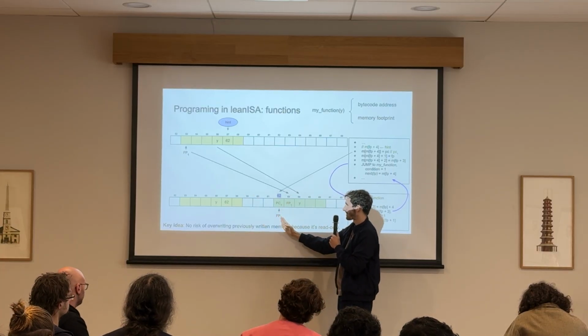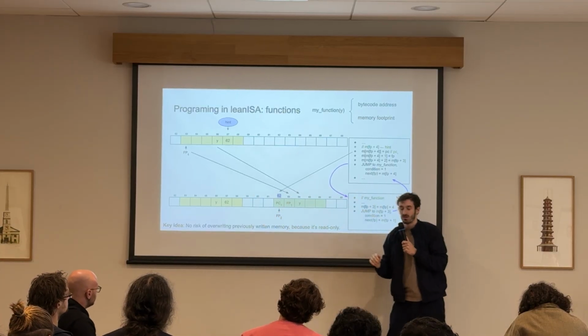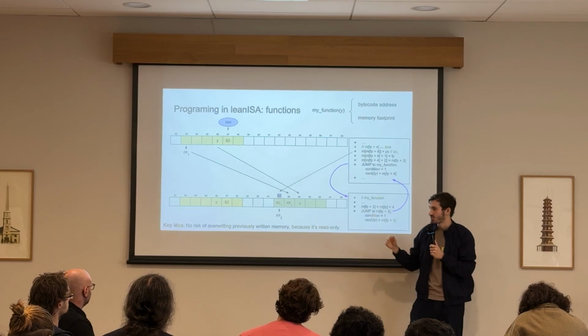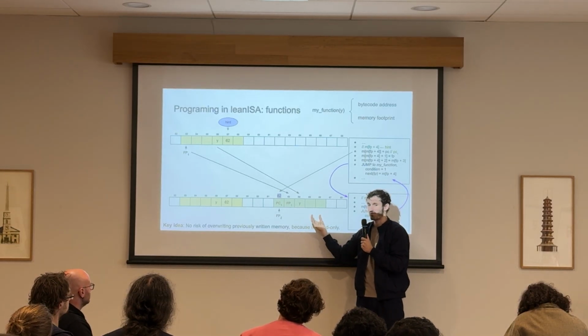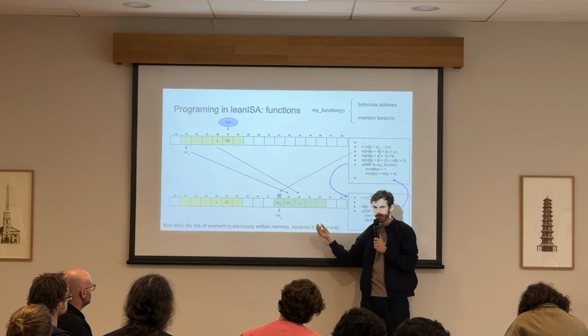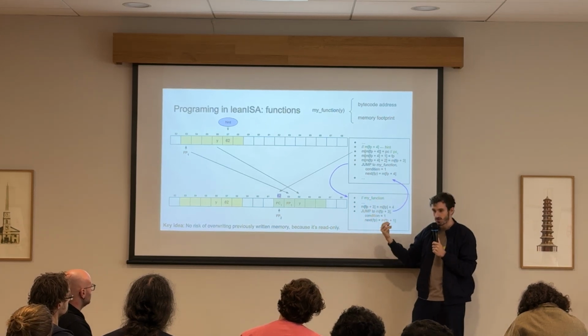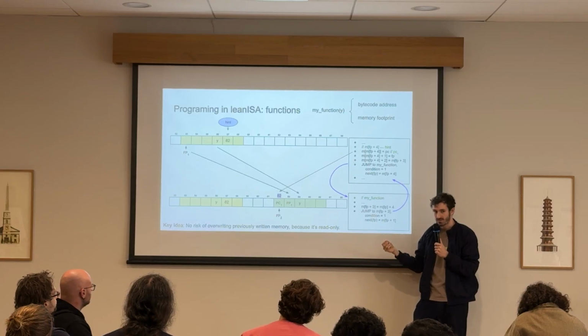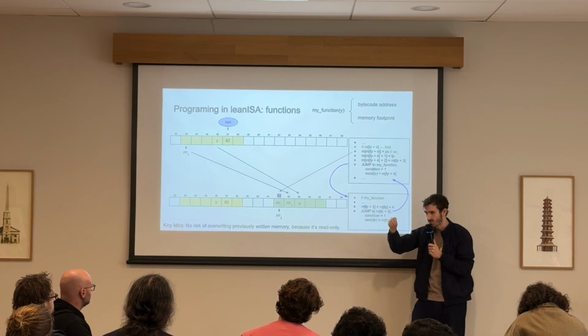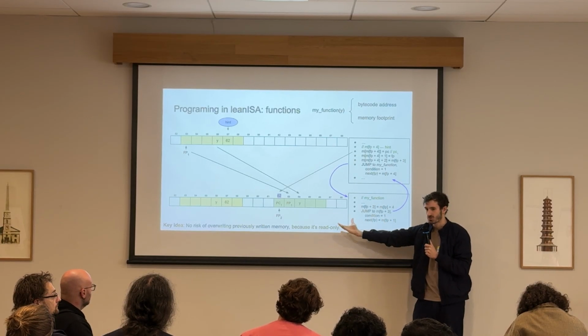And the key idea is that because the prover has the liberty to put the chunk of memory wherever he wants, and because we are in a read-only memory, there is no risk of overwriting previous memory with this chunk.